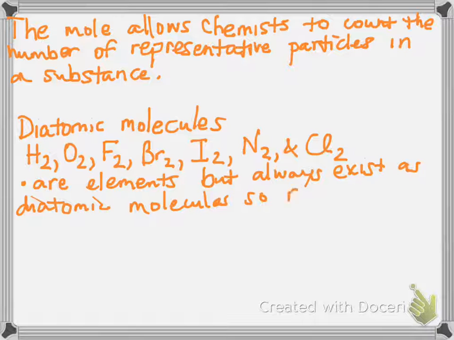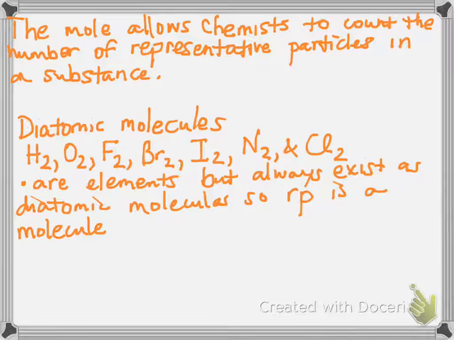So the representative particle for these 7 substances is a molecule. Even though these are technically elements, they never exist as a single atom in nature. They're always bonded to another atom of their same type, making them a molecule. Their smallest piece is always a molecule.